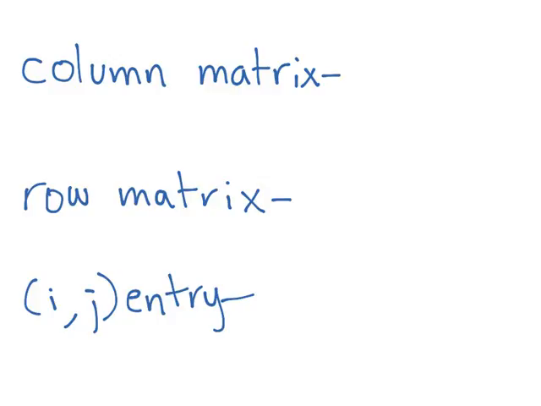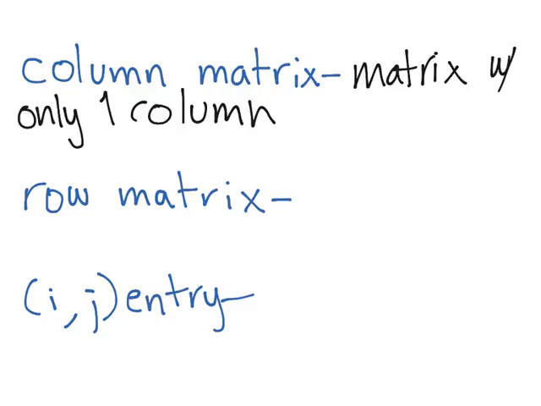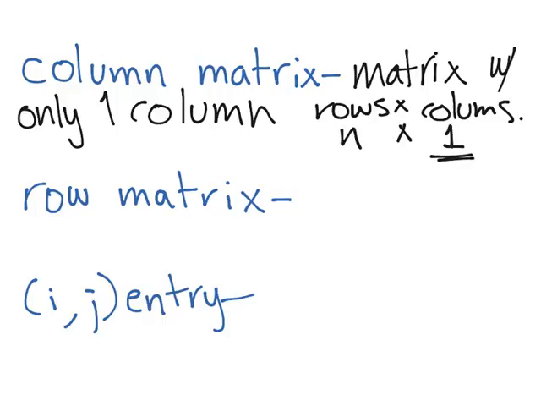More keywords. A column matrix is a matrix with only one column. As I mentioned before, since the size is rows times columns, this should be n, just a number, times 1. So it must have only one column. This is the size of a column matrix.